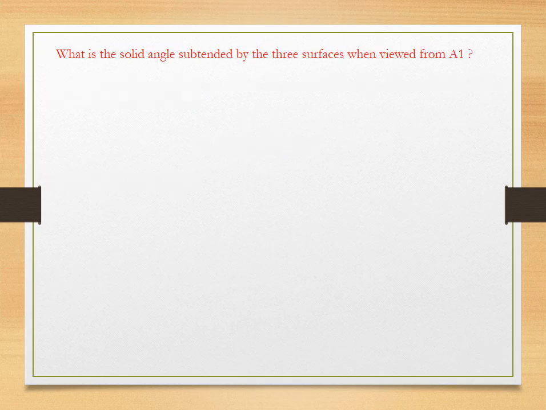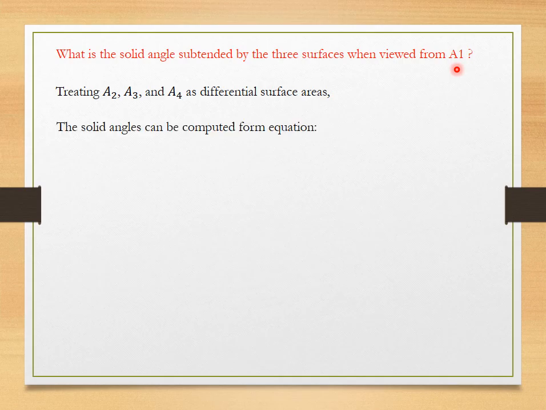And then the next question: what is the solid angle subtended by the three surfaces when viewed from A1? From this question, we know that A2, A3 and A4 have differential surface areas, so we can compute the equation for A2, A3 and A4 like this.